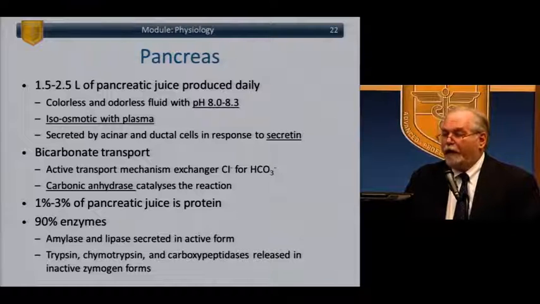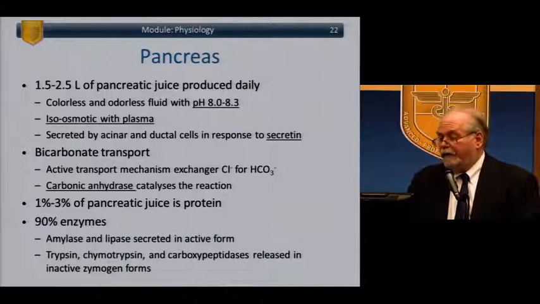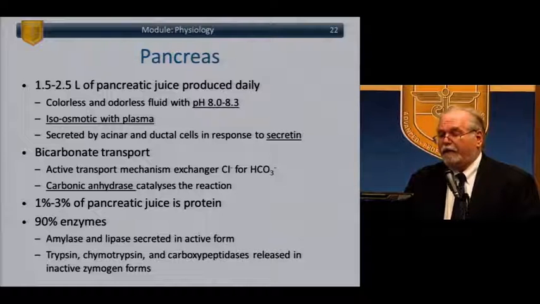Bicarbonate transport, active transport exchanging chloride for bicarbonate, and carbonic anhydrase catalyzes that reaction. 1 to 3% of the pancreatic juice is protein, 90% of that is enzymes. Amylase and lipase are secreted in active form, trypsin, chymotrypsin, and carboxypeptidase in inactive zymogen form that usually requires acid to become effective.